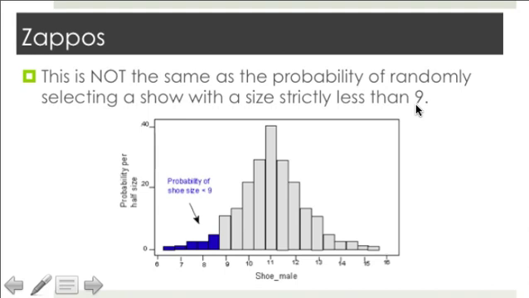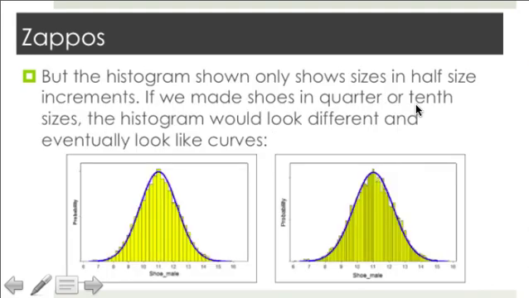Now, we just looked at a histogram where the sizes that were shown were in half-size increments. If it were possible for us to start making shoes in much smaller increments, let's say in quarter increments like 9 1/4, 9 1/2, 9 3/4, or even tenths, which of course might not be feasible at all.